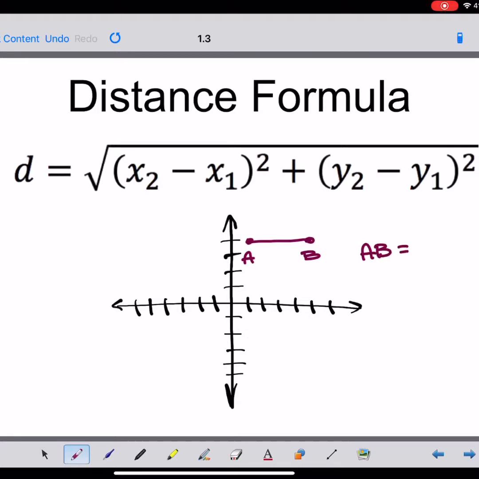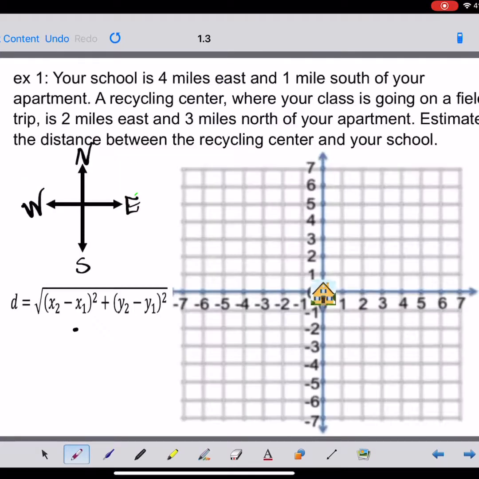The length is a distance. Now this was relatively easy because we were looking at horizontal and vertical lines, so we would know that AB was 4 units. What we're going to be looking at this week is diagonals and being able to tell the distance between 2 points.